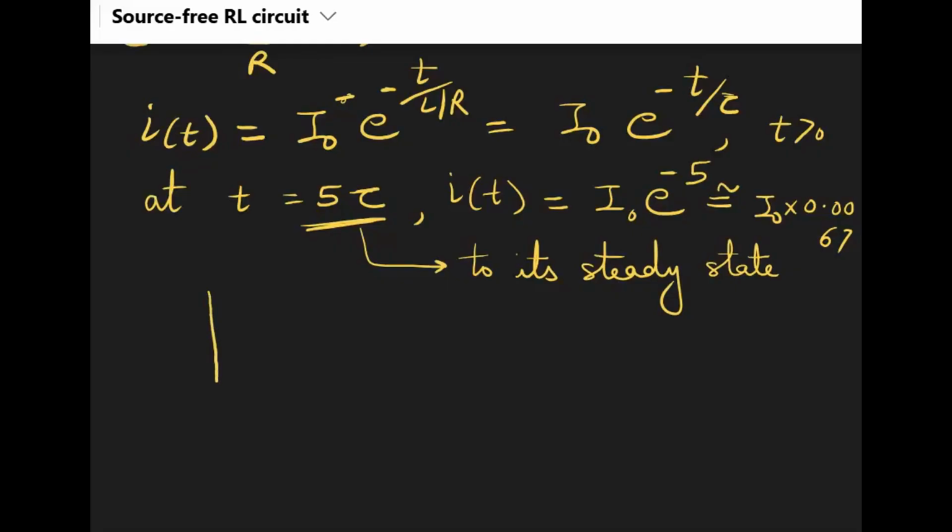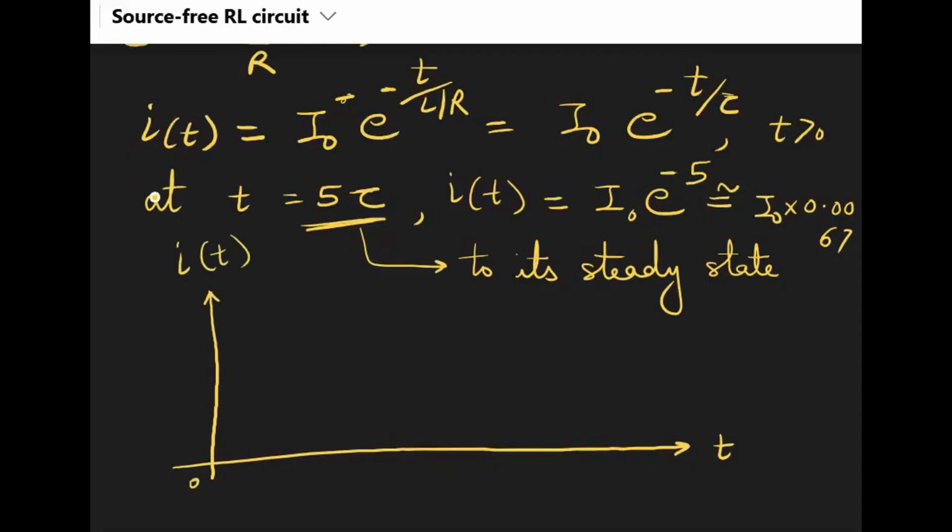The same response can be plotted. This is the time axis, and here we plot the current I of t. At t equals 0, if we put it in the equation, we get the initial value of current, that is I0, and then it decreases exponentially, as we have got an exponential equation.